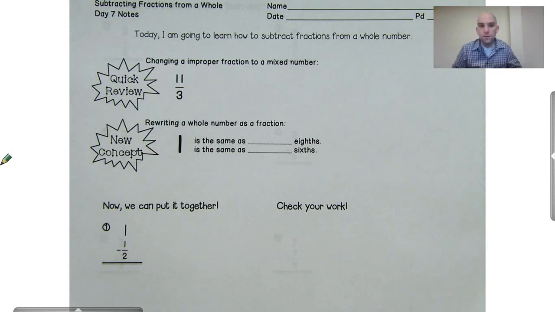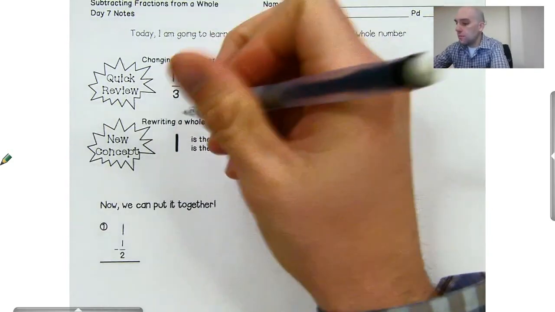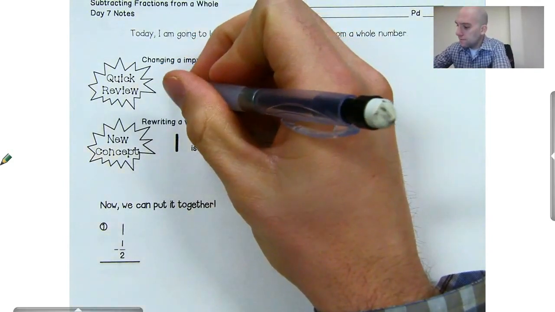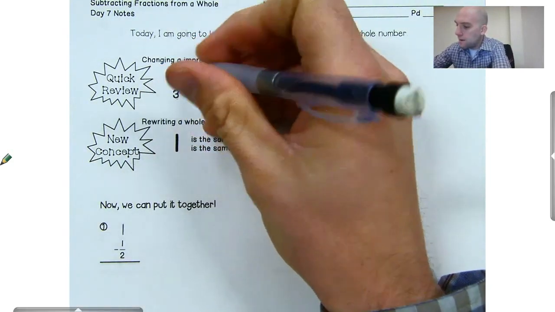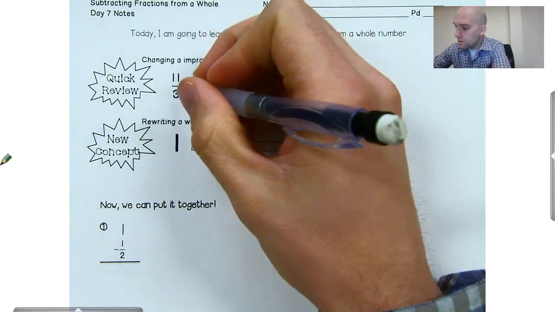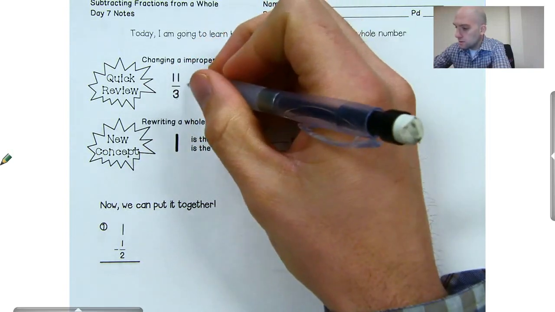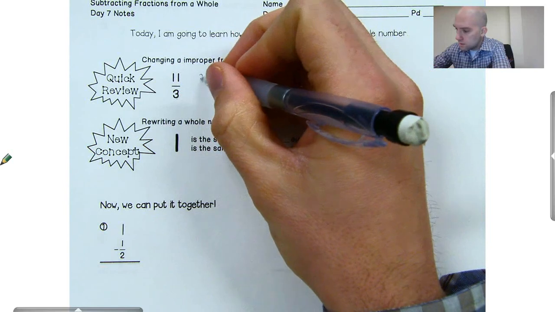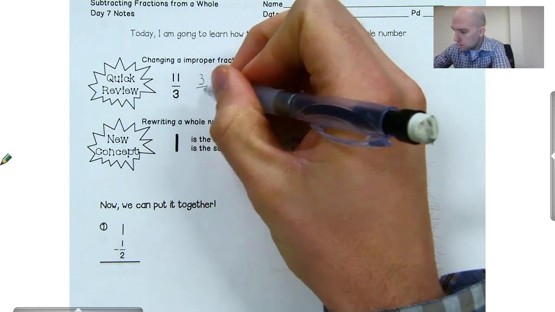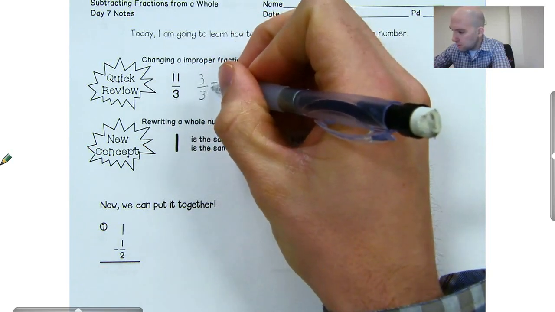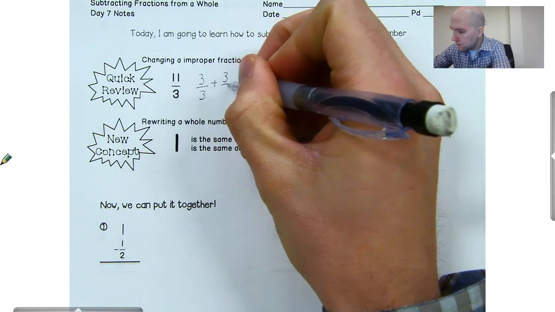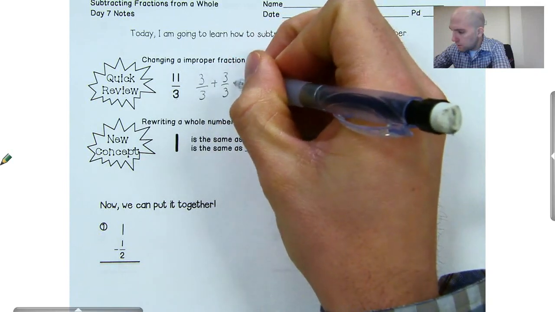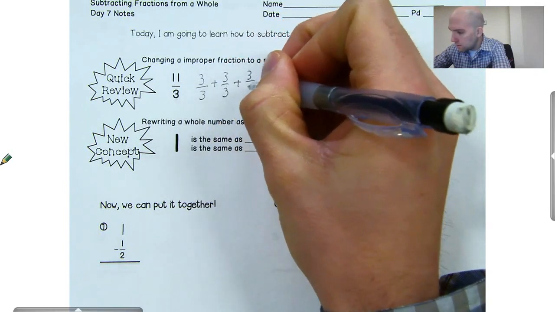So in our quick review section here, it says changing an improper fraction to a mixed number, and to do that, we need to figure out how many 3/3 there are in 11/3. So 3/3 plus 3/3 plus 3/3.